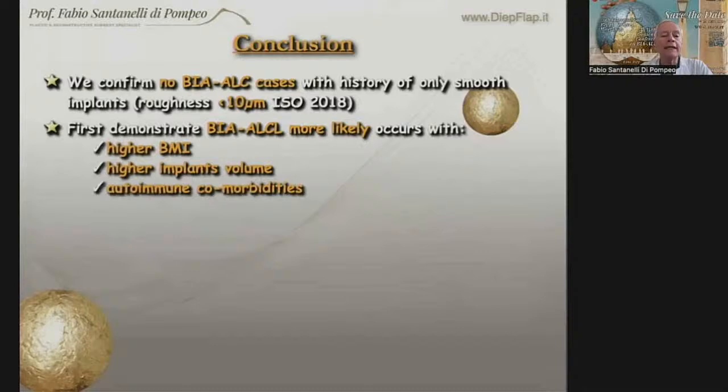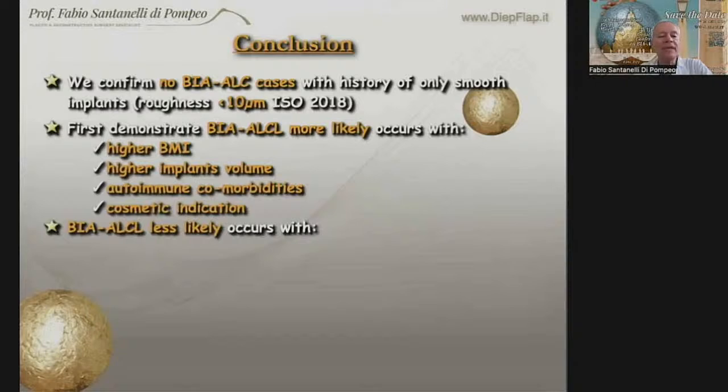It occurs more likely in patients with autoimmune disease and comorbidities. It occurs more often in a cosmetic indication compared to a post-oncologic indication.